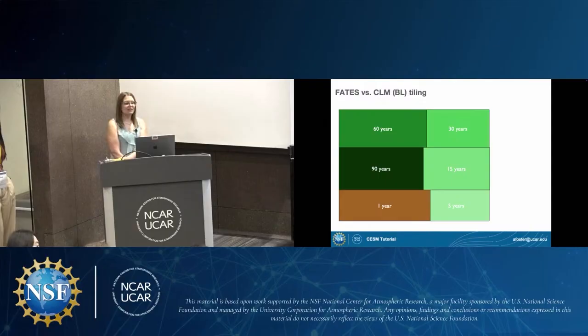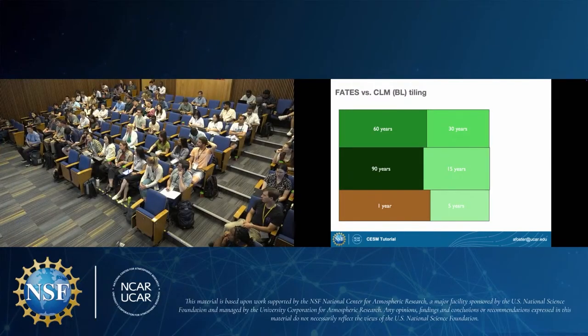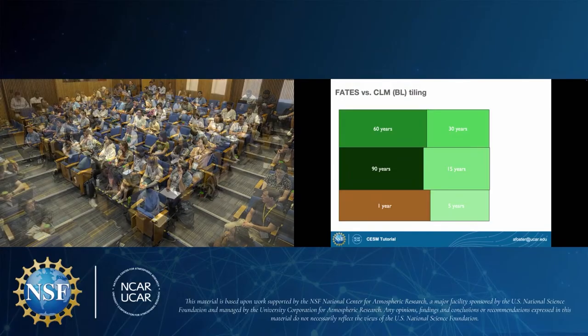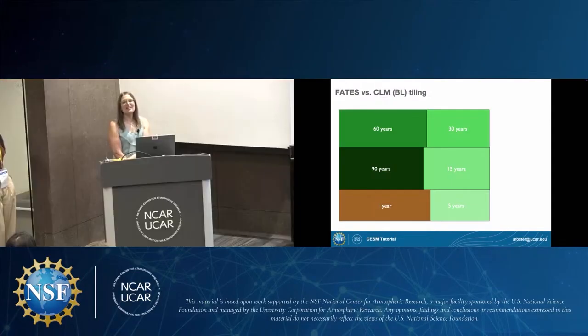I know Fates is able to represent more processes, but I'm wondering, currently does it perform better than the Big Leaf model in terms of some basic variables? So I think there's a lot of reasons why that is, but first of all it's more complex, and so there's just way more processes.